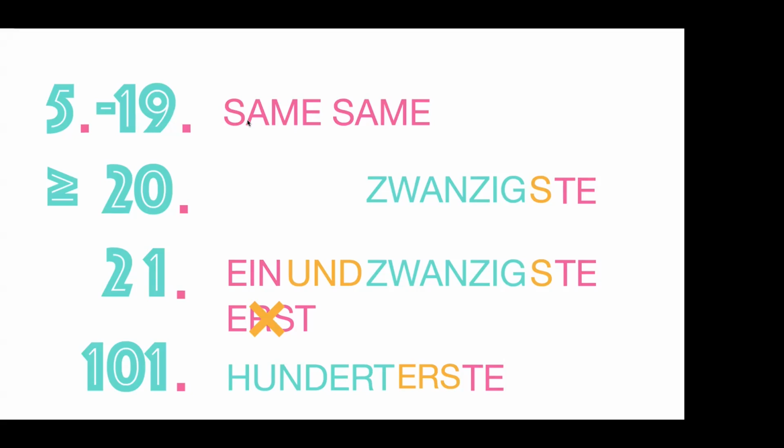So 21ste is also worth noticing, because you might maybe think that this could be erstundzwanzigste, excuse my high German. But it's of course the 21st. Well, in English, in German, it's the 21th.